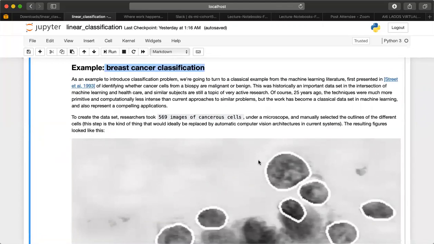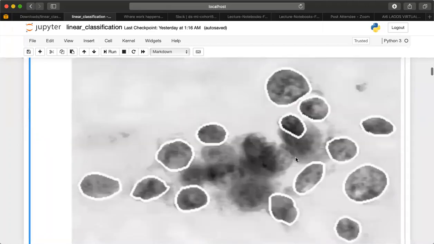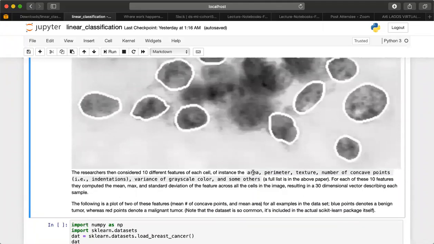But I think in those days, what they did is they found features like, let me go down, you'd see features like the area of the cell, perimeter of the cell, texture of the cell, and the rest. So they were basically looking at physical features of these cells to make predictions.